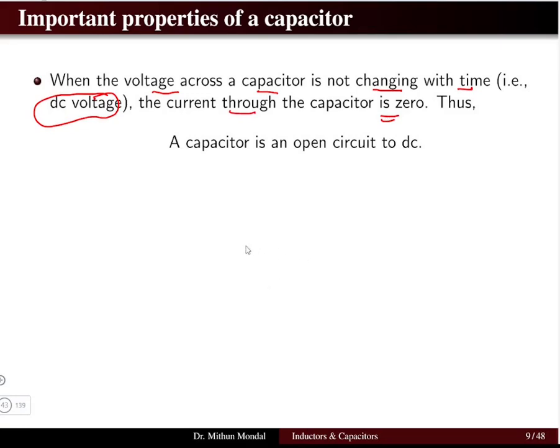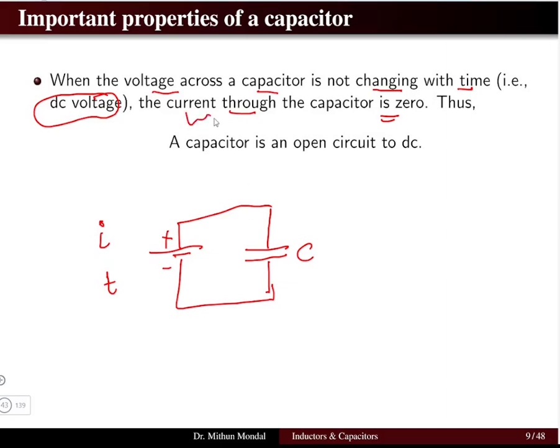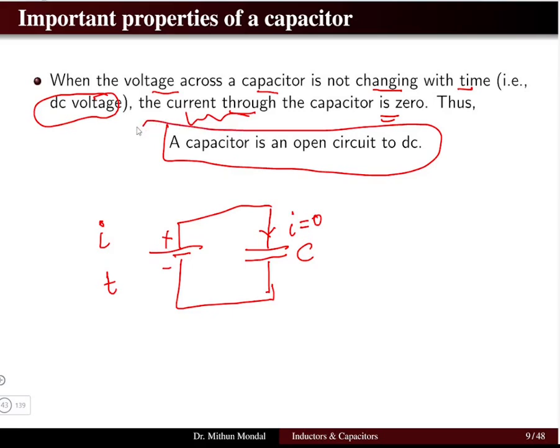It means that if you apply a DC source, plus minus DC, to a capacitor, since the DC is constant and there is no variation with respect to time, the current flowing through the capacitor is basically zero. So we can say that a capacitor is an open circuit to DC.